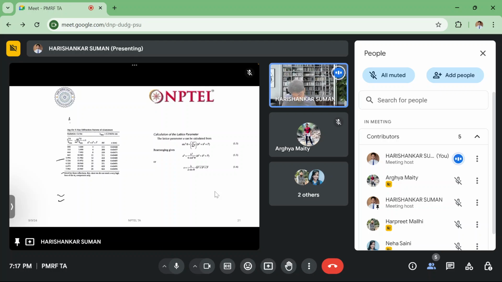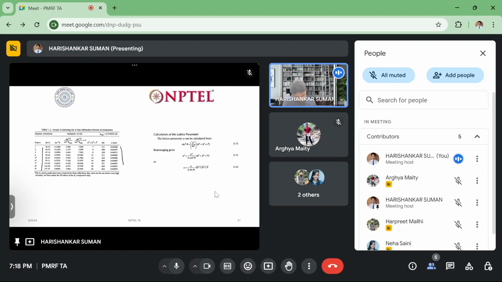So let's do a calculation. If 2 theta values are given, then we calculate the theta value. From the theta value we find hkl and the type of crystal: simple cubic, BCC or FCC.